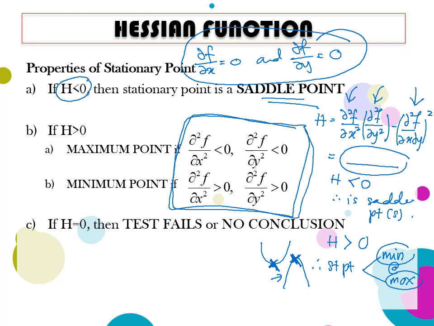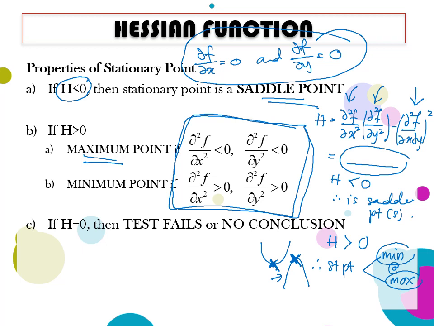Look at your second order partial derivative with respect to x squared. If it is less than 0, or your second partial derivative with respect to y is also less than 0, then it is a maximum.